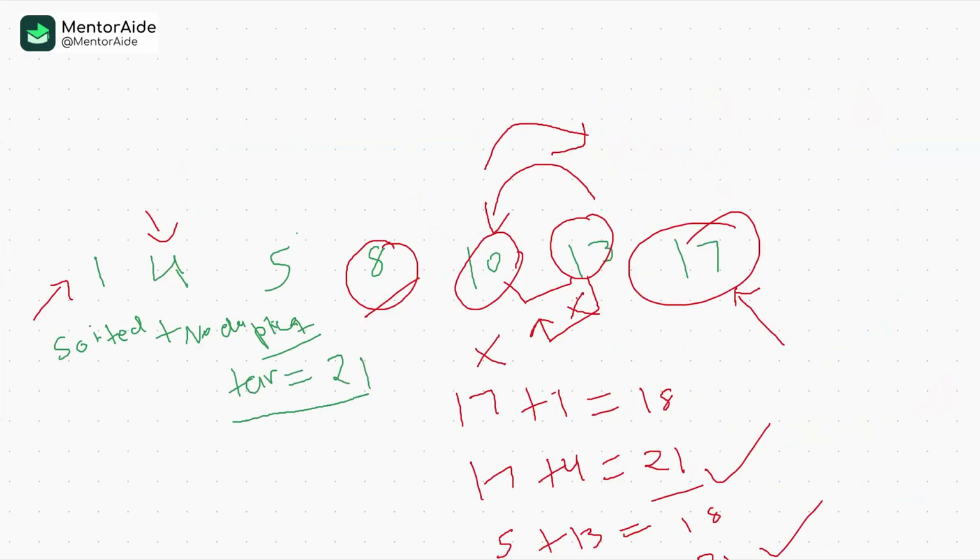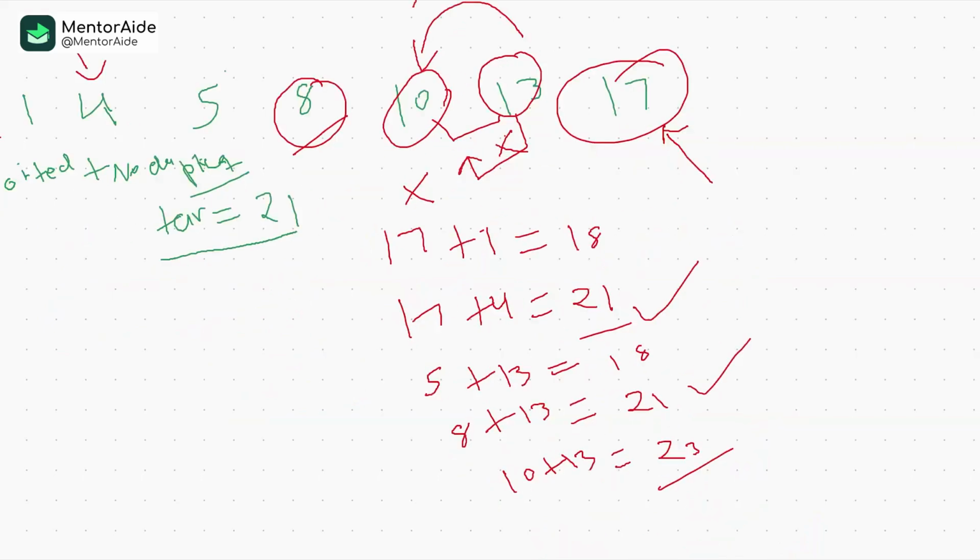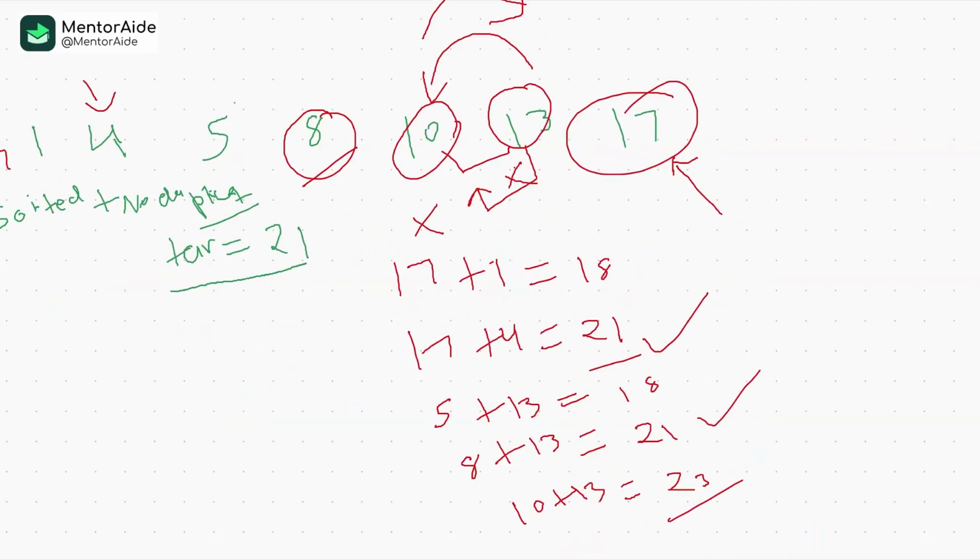Sir, it's not clear to me after the pair of 8 and 13. Okay, when we added 8 and 13, what was the sum when we did 8 plus 13? 21. Justify the condition. Okay, it was 21. Sorry, I made a mistake. At that point we were required to increment the 8 and decrement the 13, so the last pair will not exist actually.